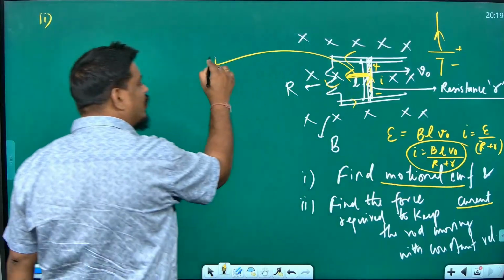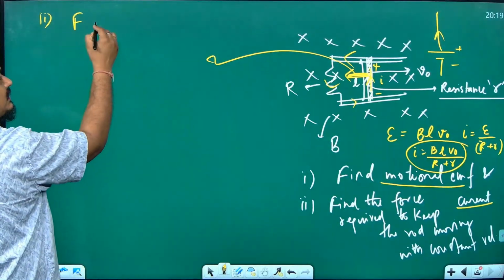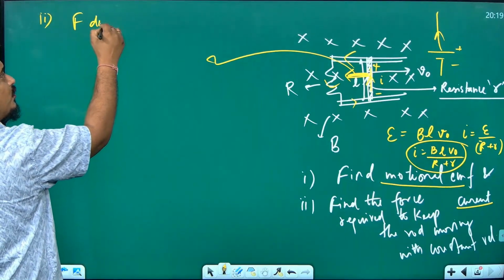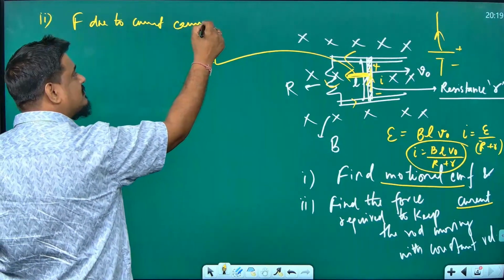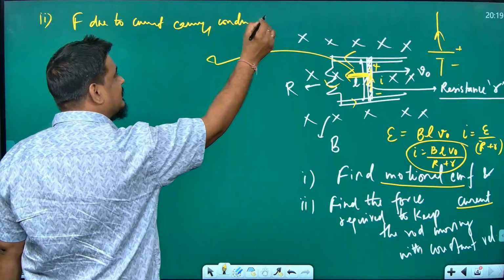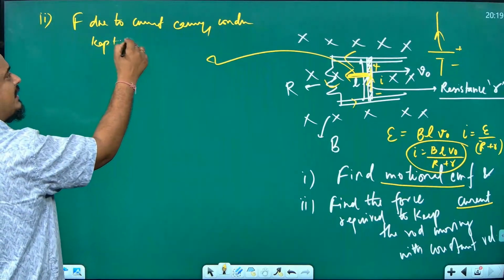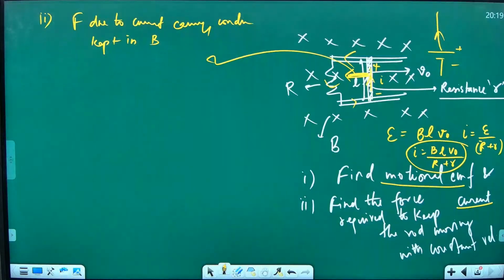And how much is the force going to act? The force on a current carrying conductor kept in a magnetic field is ILB sin theta, remember?